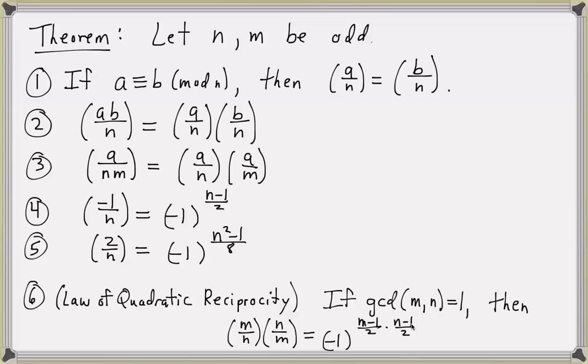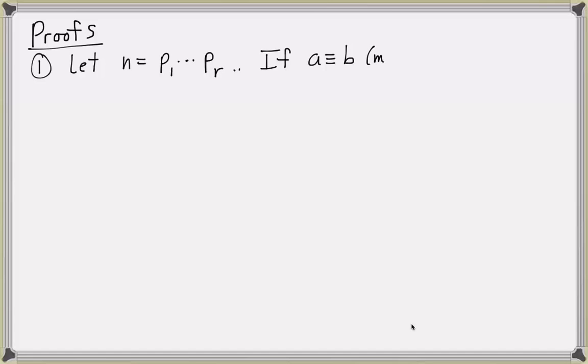So let's see the proofs. For the proof of 1, let n equal p1 times a bunch of other primes up to pr. And if A is congruent to B mod n, then A must be congruent to B mod each one of the prime factors of n.